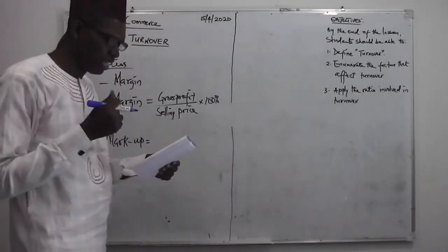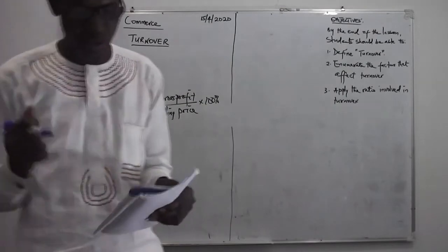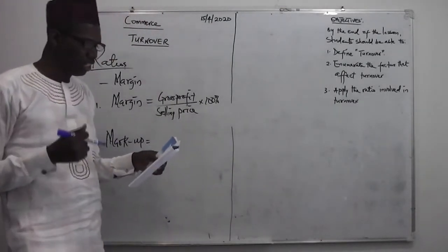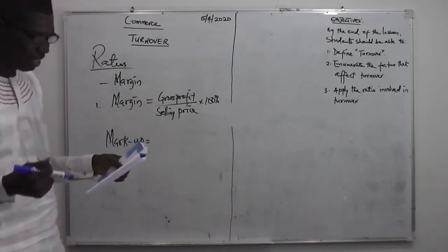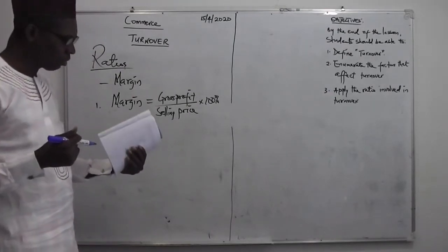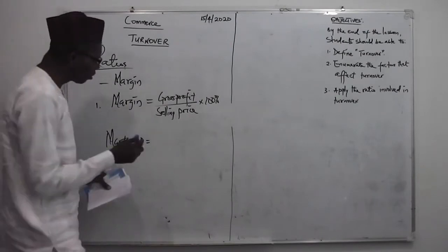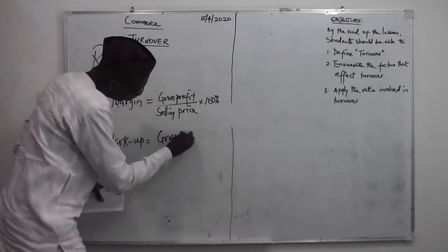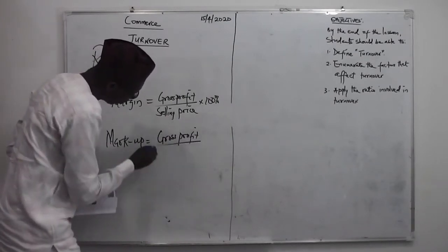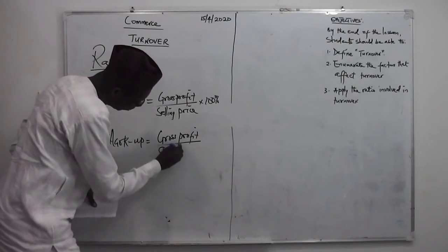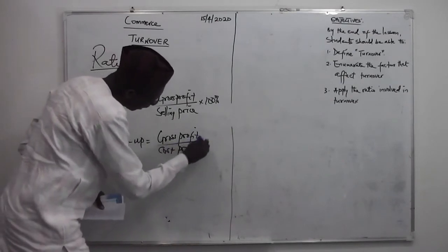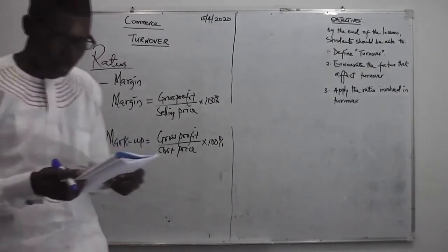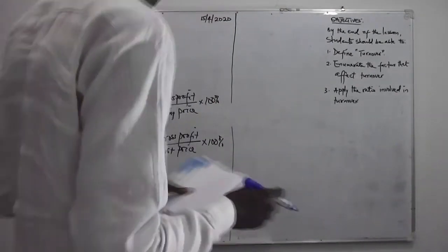The relationship between the gross profit and the cost of goods sold is regarded as markup, and it is expressed as a percentage of the cost price. So we use gross profit over the cost price times 100%.